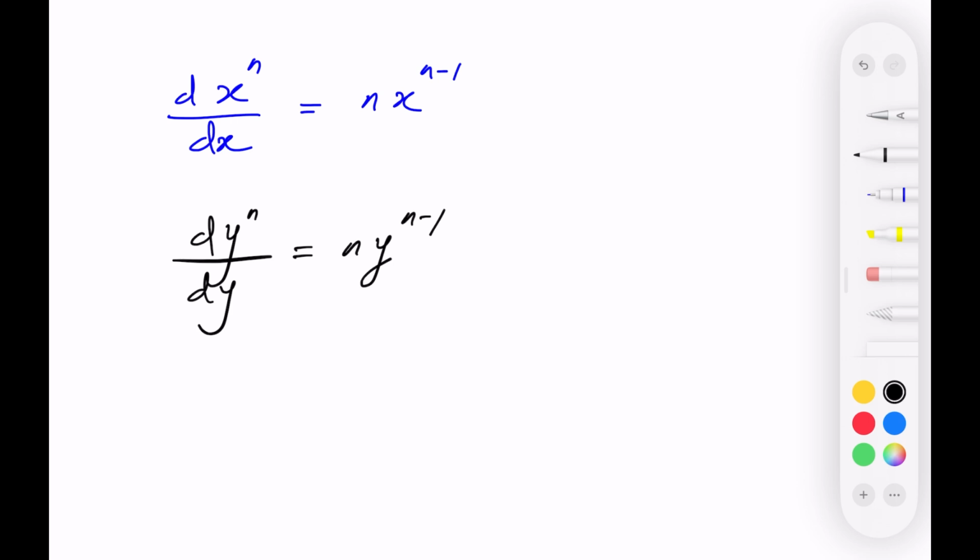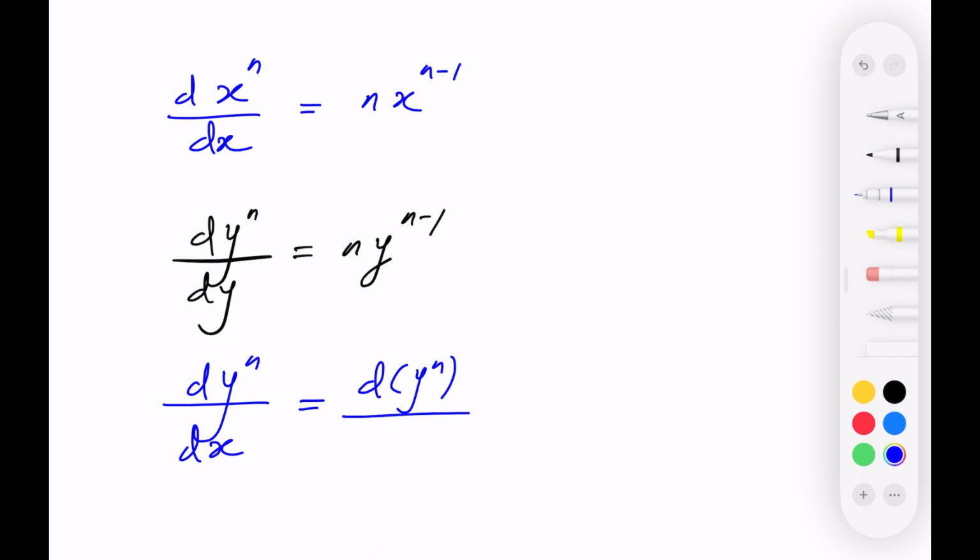However, what we are going to do is differentiate y raised to the nth power not with respect to y, but with respect to x. If you need to differentiate this term with respect to x, I'm going to use the chain rule, and I'm going to rewrite this term on the right hand side this way: d y to the n, of course that's what I have to differentiate, divided by, instead of dx, I'm going to write a dy, and then I will times that by dy over dx.